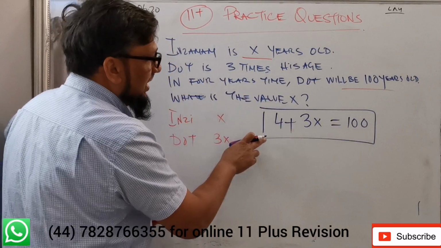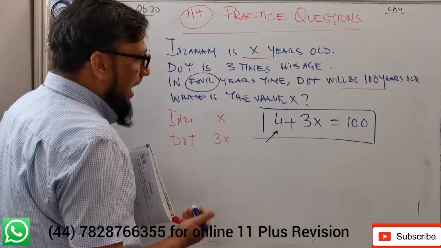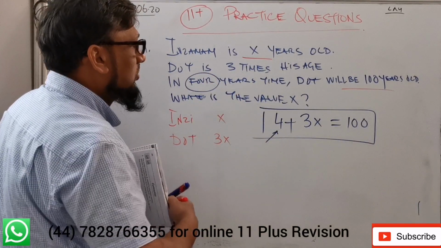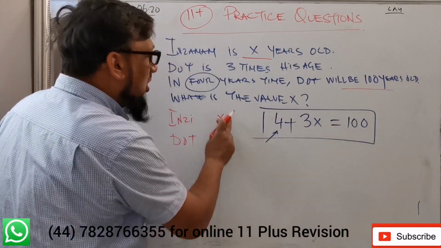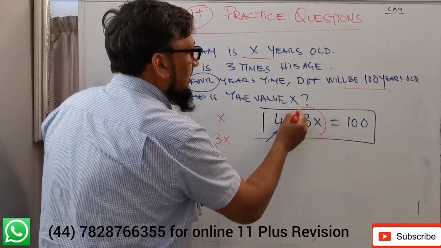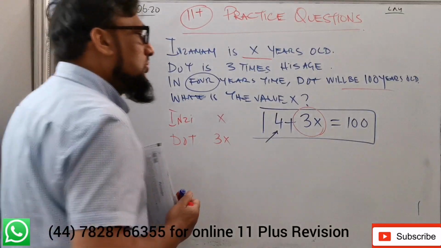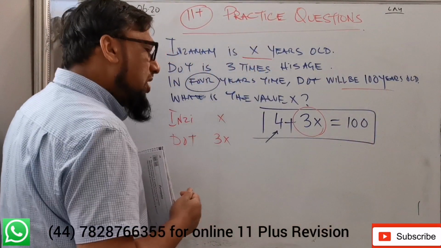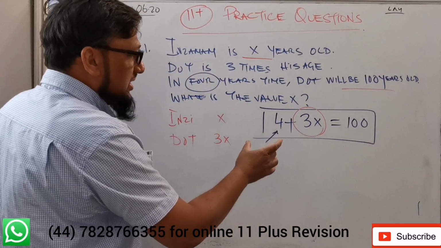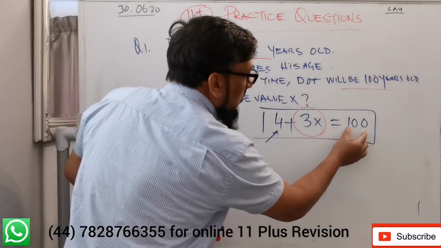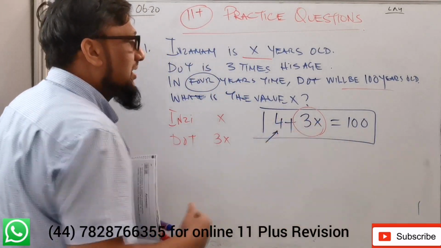In 4 years' time, I need to add the number 4 and add the 3 times X, which is 3x, equal to 100. It means Dot's age will be 100 years old in 4 years' time.